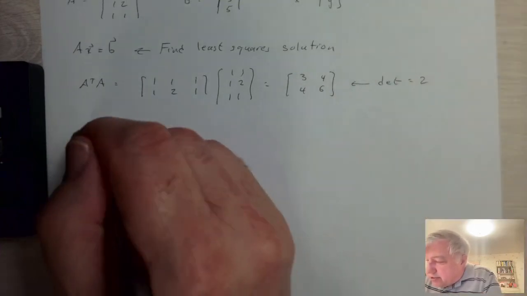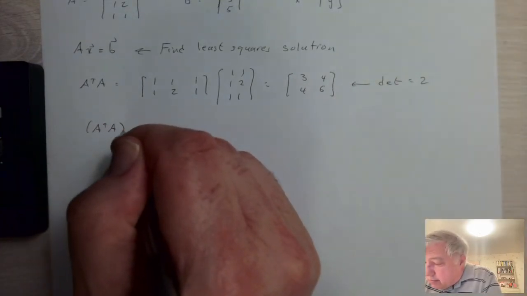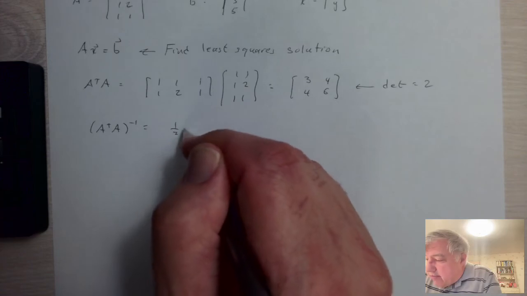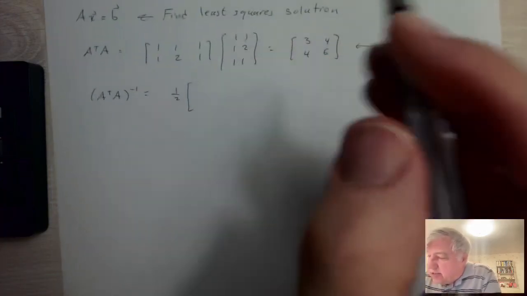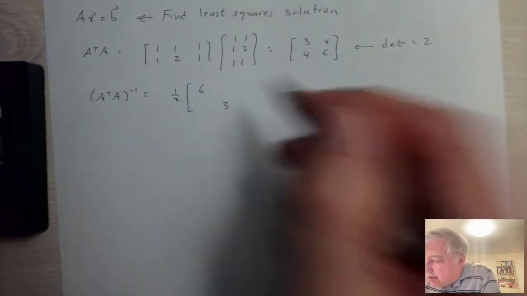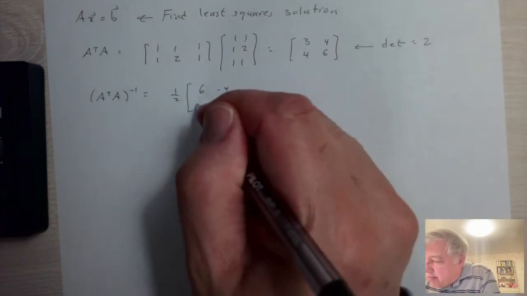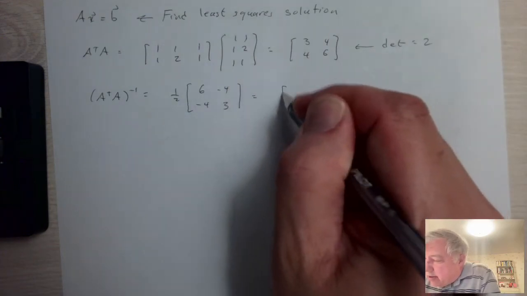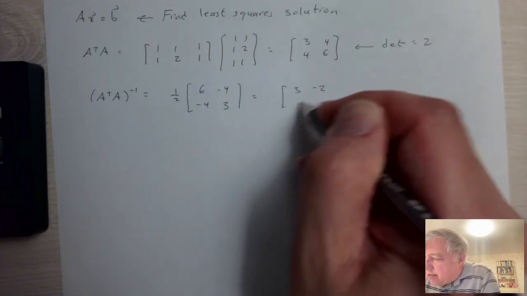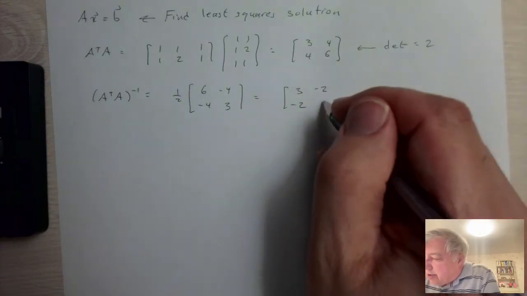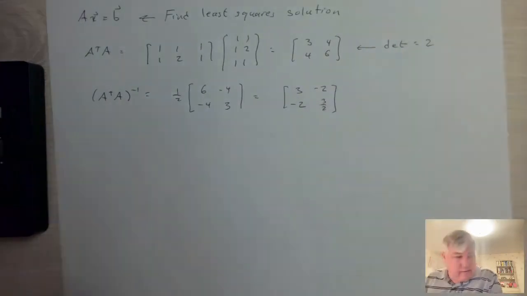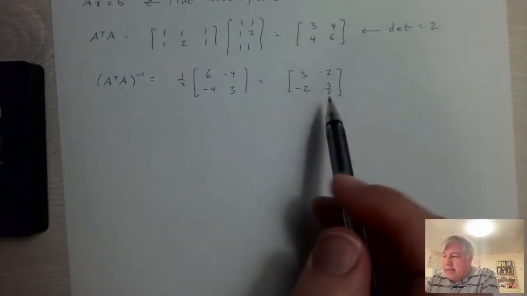So the inverse is 1/2 times, I believe the formula says, 6, negative 4; negative 4, 3. This is 3, negative 2; negative 2, 3/2. Okay, so that is the inverse.